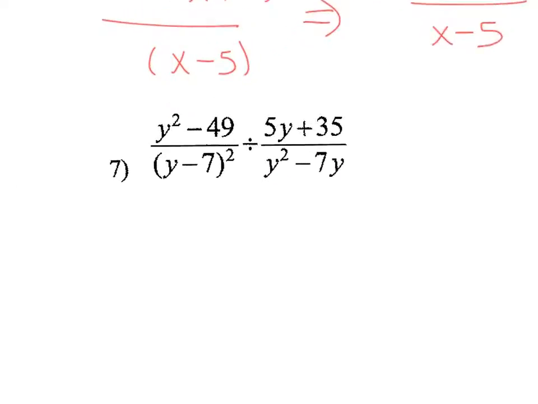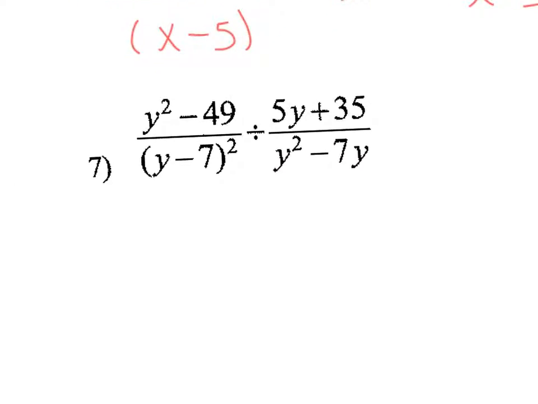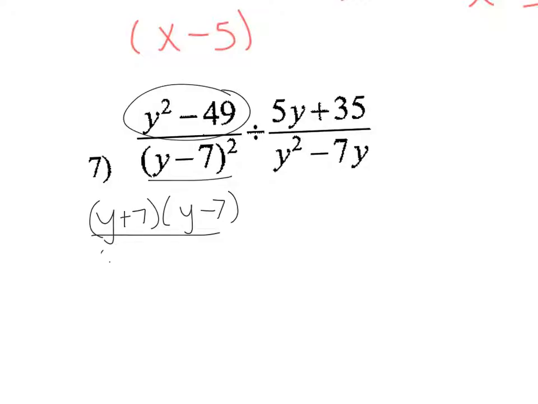Okay, number 7, another division one. So I'm going to factor out this part. And then I'm just going to write y minus 7 2 times. That helps me look at crossing things off. And then it's multiply, because you're going to flip this.